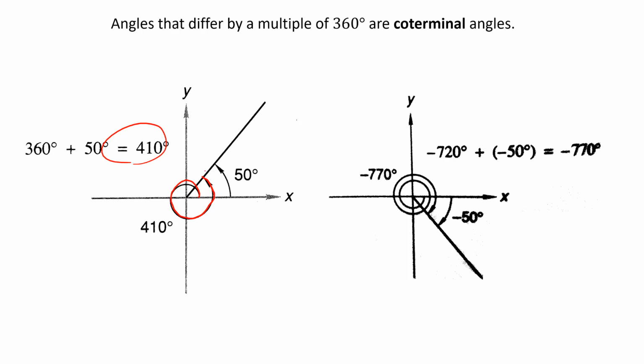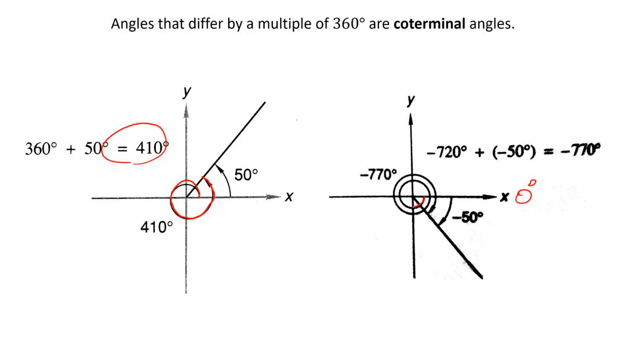That angle, 410, we would say is coterminal with the angle 50 degrees, because if you go 50 degrees from 0, you end up here. And if you go 410 degrees from 0, you end up here. So if two angles, whatever they are, end up in the same exact place, we would say those angles are coterminal.